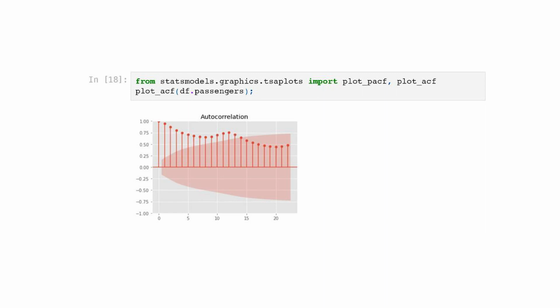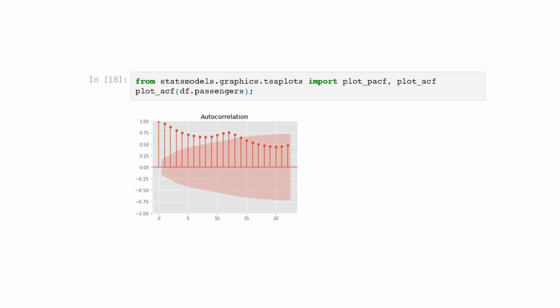So if you look at the graph below, which is the autocorrelation function plotted for the passengers data set, you can see that the value is 1 for a lag of 0, which makes sense, right? Because the time series is correlated with itself. And as we move from left to right for different lag values, we can see the correlation increase or decrease.